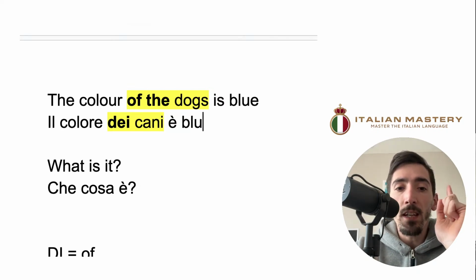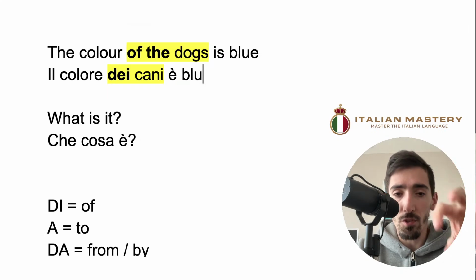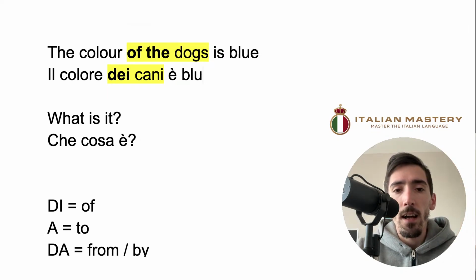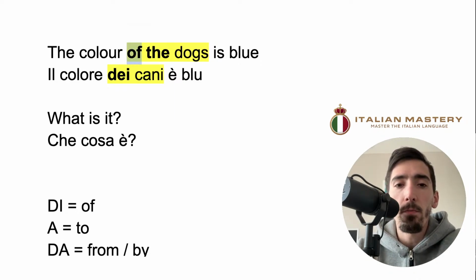So we've seen the articles, and we have also seen that there are things called prepositions. Where is the preposition here? The preposition is of. And we don't have a preposition in Italian in this case.